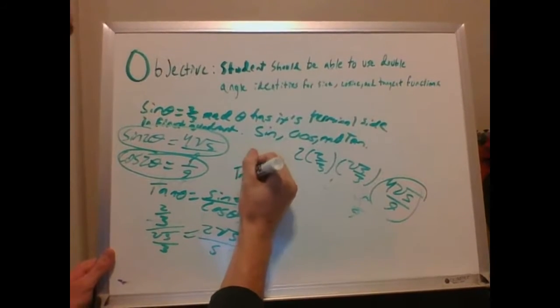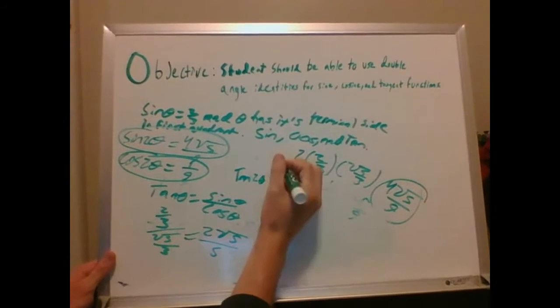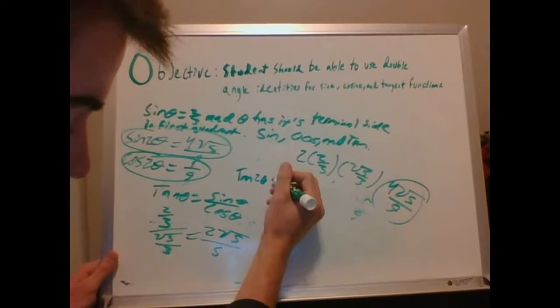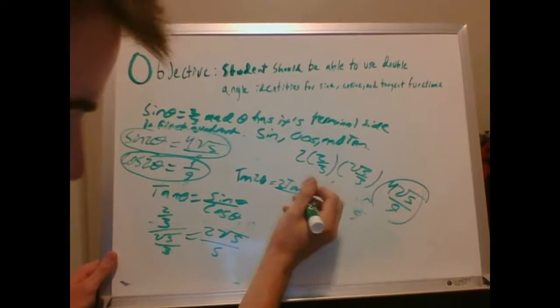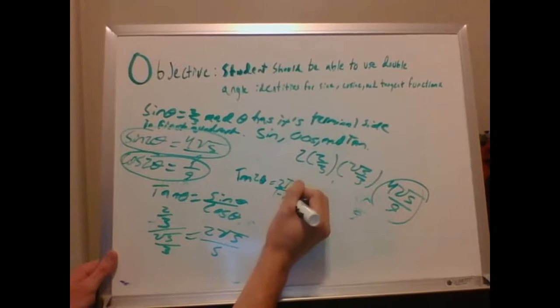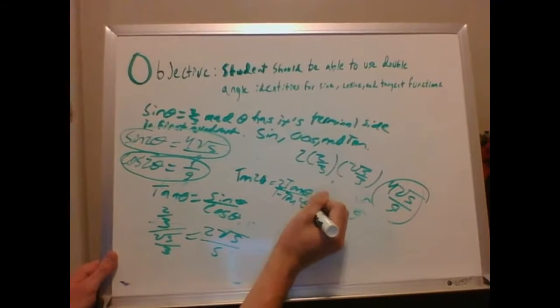And now we can go ahead and find tan 2 theta. So we will use the fifth identity from the beginning that I showed you guys, 2 tan theta over 1 minus tan squared theta.